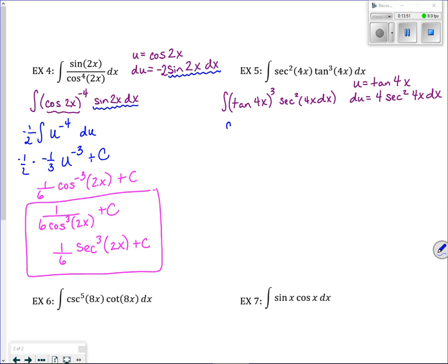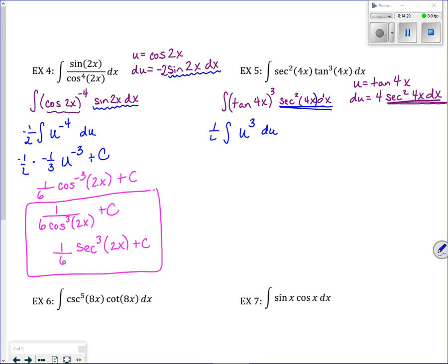So what I would have is the integral of u to the third times secant squared of 4x dx. I could replace all of this secant squared of 4x dx with du over 4.